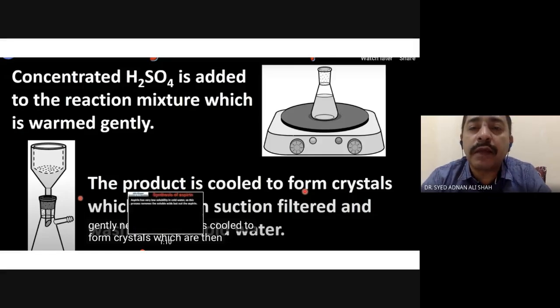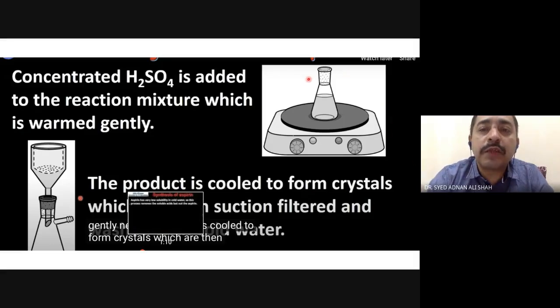There are several methods. You have seen in the video that one method is the MP, the melting point. The second method you have seen is the IR, which is infrared. I will explain later what that technique is. Other techniques can also be used to confirm whether your product is aspirin or not, right? So this is how the aspirin is formed.